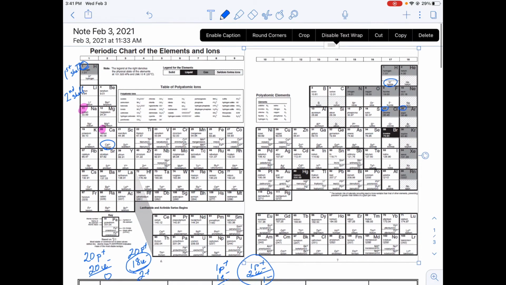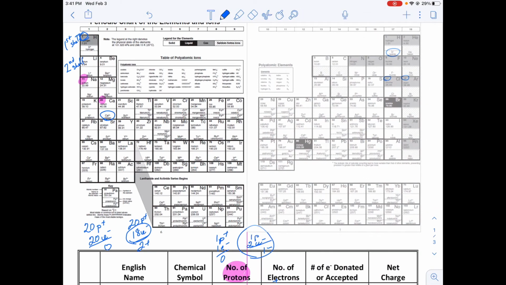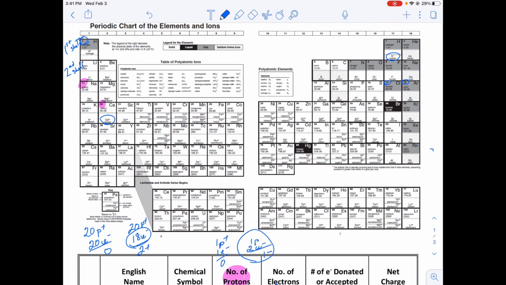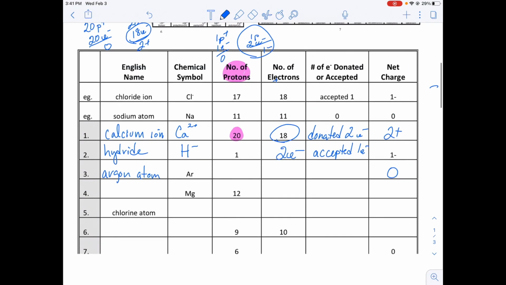So all of the chemicals in this group over there in group 18 are noble gases, and they have 0 charge. They'll always be atoms. So this is 18 protons. If it has 0 charge and it had 18 protons, it must also have 18 electrons. And so there are none gained or lost.